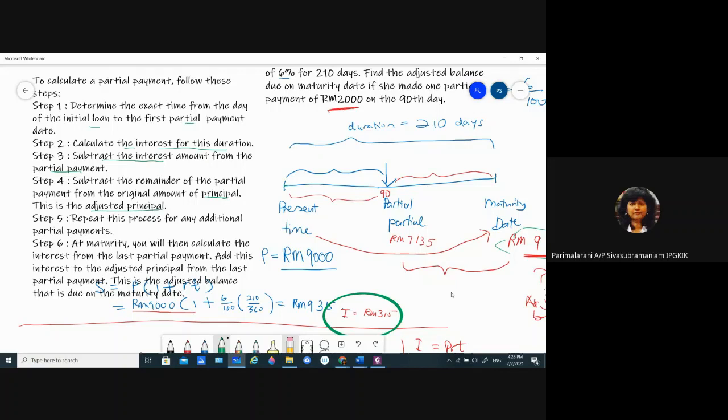If you make some more partial payments, maybe she makes another 3 payments, then you repeat this process. When you get your final adjusted principal, you must calculate the interest from the last partial payment to the end on the adjusted principal, and then you add that to get your final total.